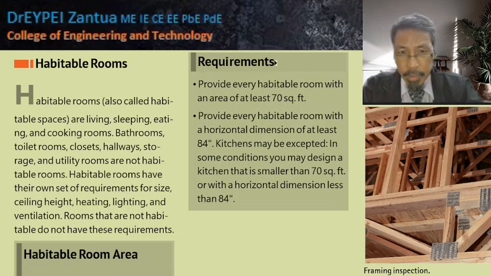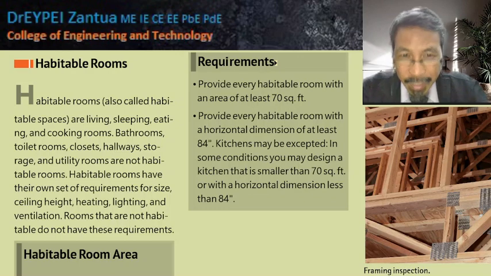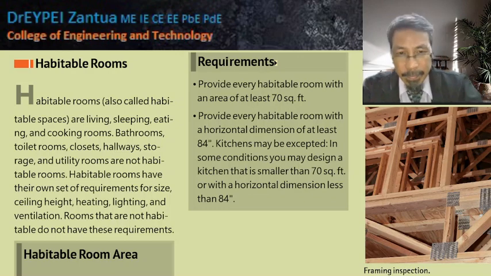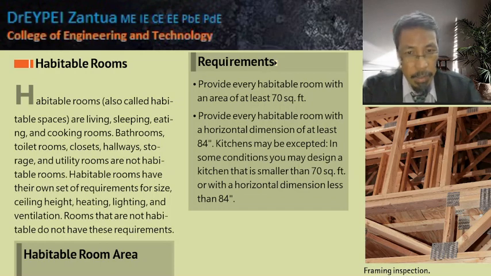Kitchens may be accepted, maybe exempted. In some conditions, you may design a kitchen that is smaller than 8 square meters, or with a horizontal dimension less than 2 meters.